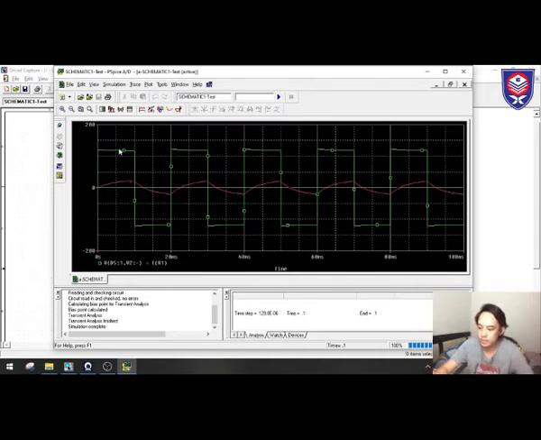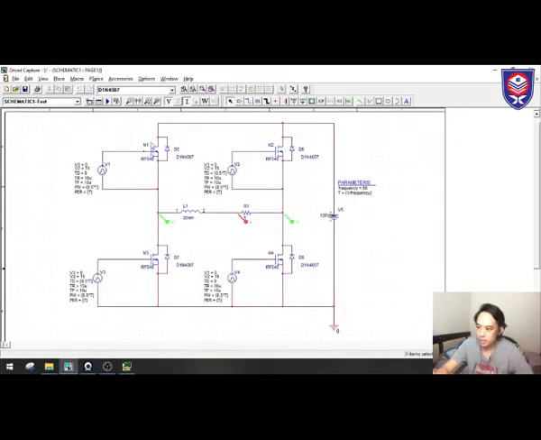So we can see the AC output depends on the DC input by closing and opening the switch. So the output voltage Vout can be positive or negative depending on which switch we close. The switch is the transistor.